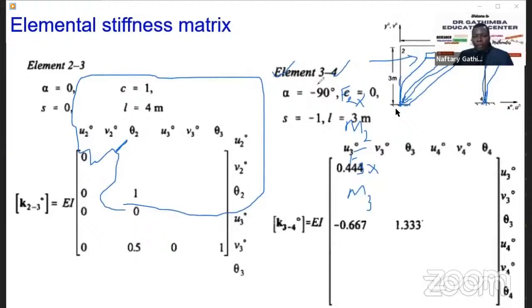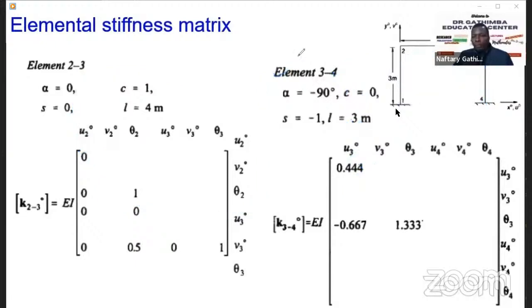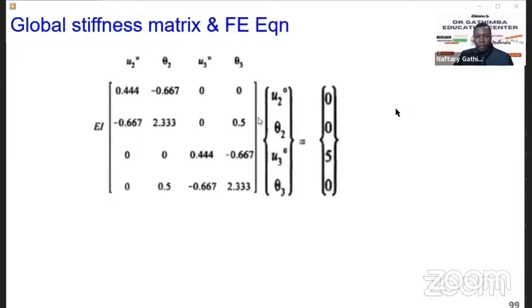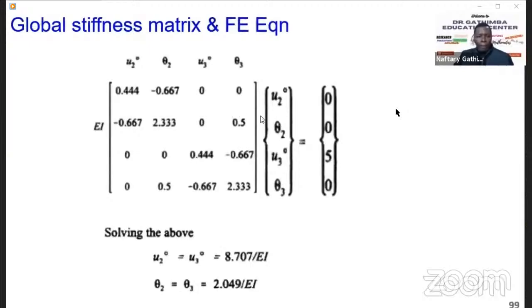Let me know whether that is clear. All right, where was I before I was answering that question? We were here. We have already solved, but our question requires us to get the moment. You have obtained the global displacement components, U2 and U3.